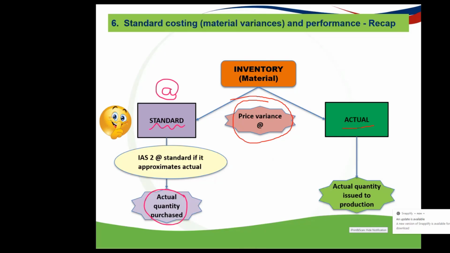So this question, inventory is held at standard. So we're going to then use actual quantity purchased. So if we had inventory held at actual, we would have used for the price variance actual quantity issued to production. Okay, but now we are using the purchased quantity.